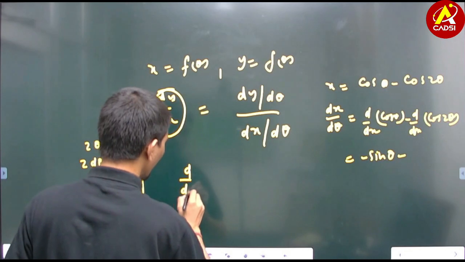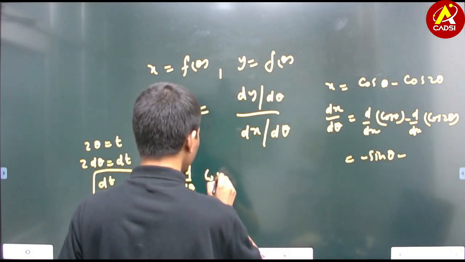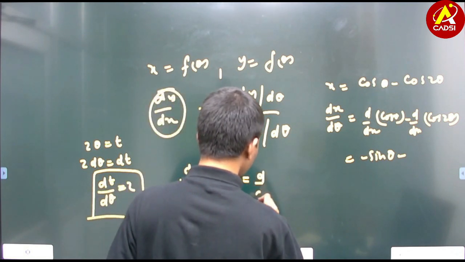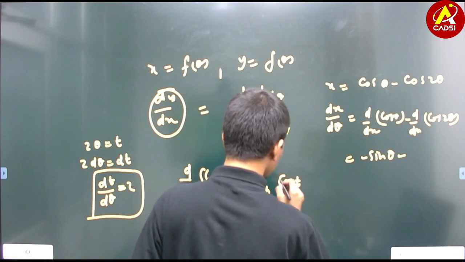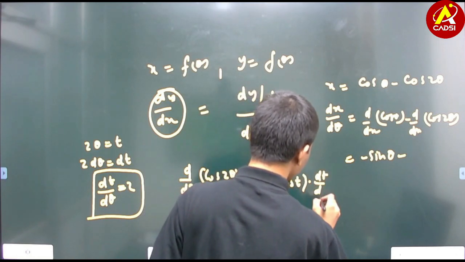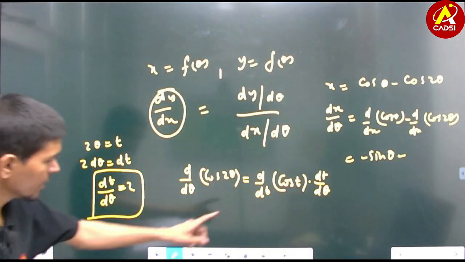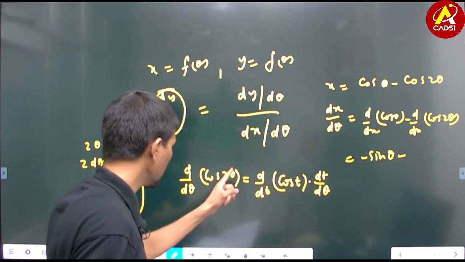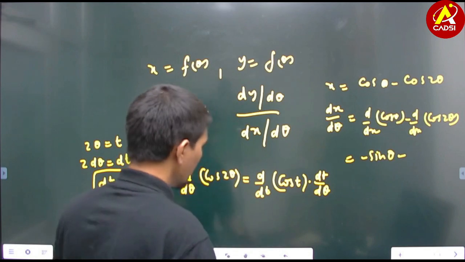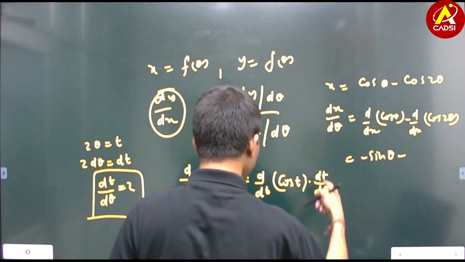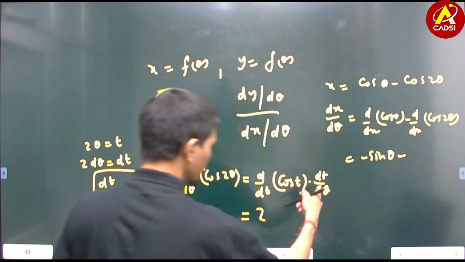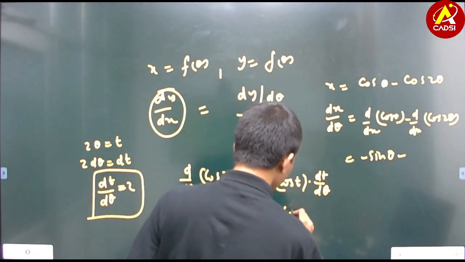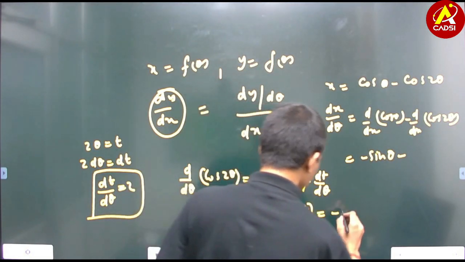If we write d upon d theta cos 2 theta, it means d upon dt cos t and dt upon d theta. dt cancels dt, and 2 theta is t. dt upon d theta is 2, and d over dt cos t is nothing but minus sin t, so we can say minus 2 sin t.